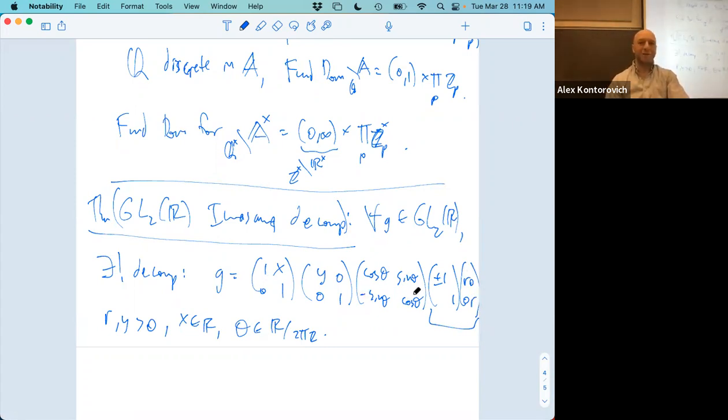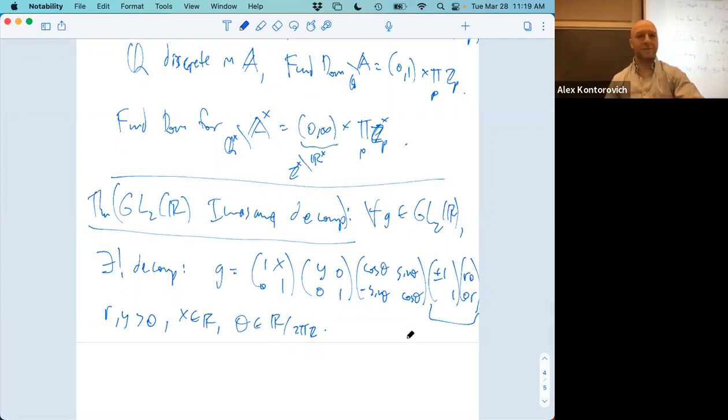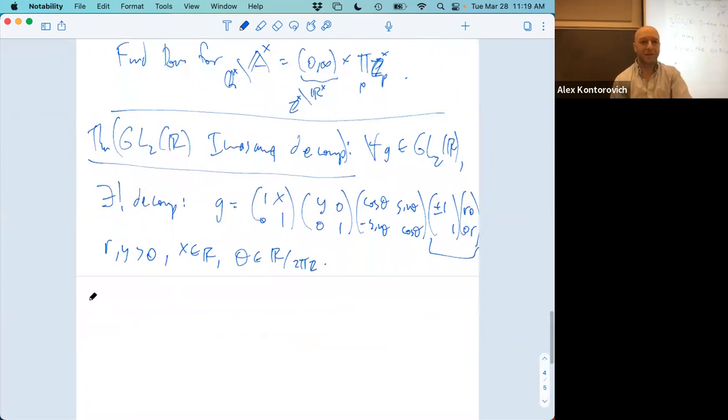Actually, we don't want to make the determinant 1. We want to make the determinant r squared times y equal to 1, where y is the y part in the decomposition of the SL2(R) part. So hopefully this is clear. We don't need to say more about this. It should be obvious.